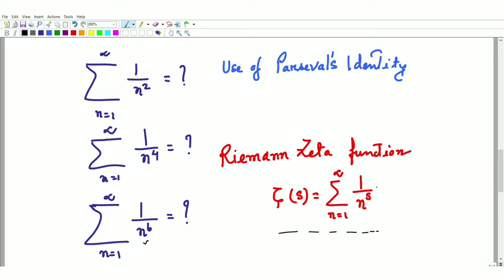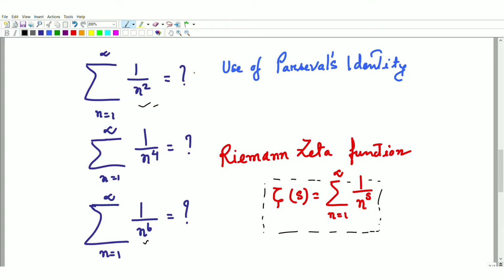You can find this Riemann zeta function in complex analysis. That thing we will discuss later. Here we are going to use the Parseval's identity that we derived yesterday to find this series. For that, remember, you have to use some specific functions.